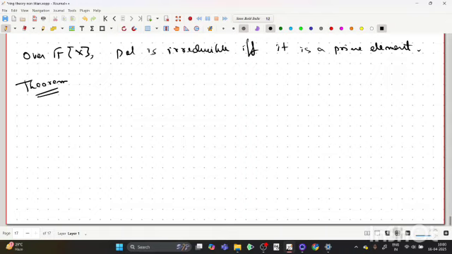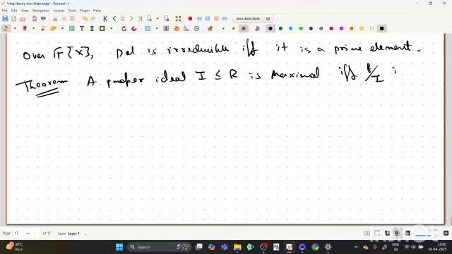Okay. Now we had also defined another important ideal called the maximal ideal, and we want to characterize that. So a proper ideal I in R is maximal if and only if the quotient ring R mod I is a field. Now see, here also the proof is quite simple. Proof.